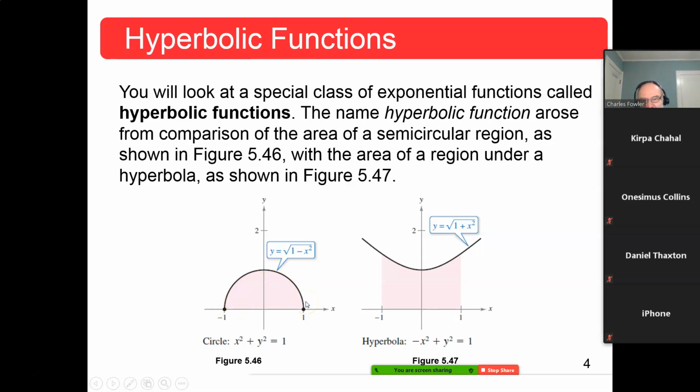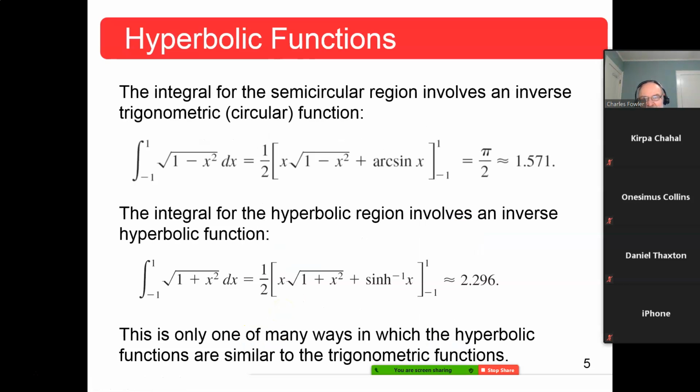You can do it either way, but it's twice the area from 0 to 1. But that's not what they're getting at here. And this is what they get, and that also involves an inverse sine. It's equal to pi halves, which is about 1.57, and so on. That's the area under that semicircle.